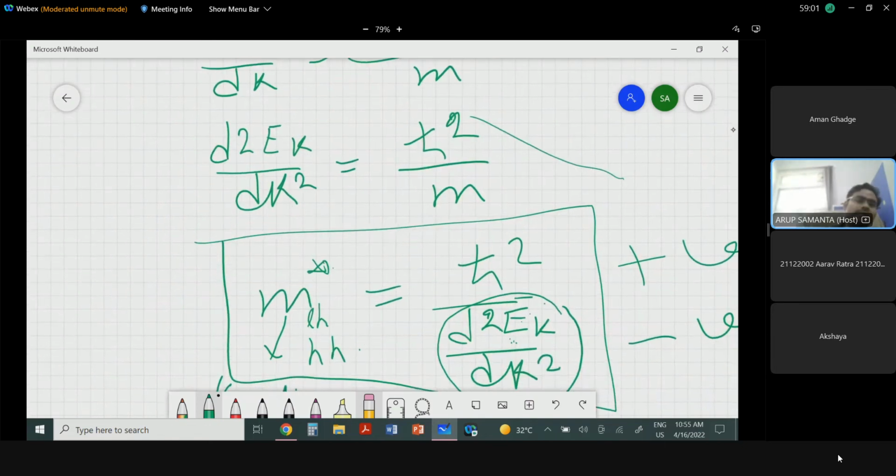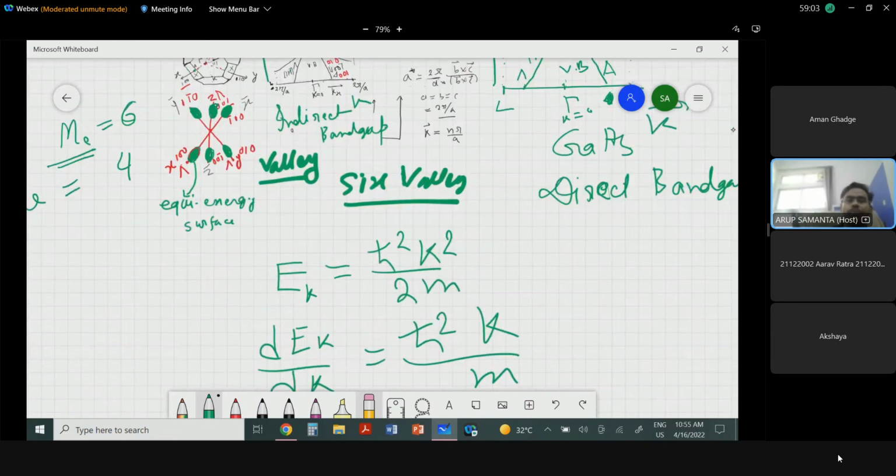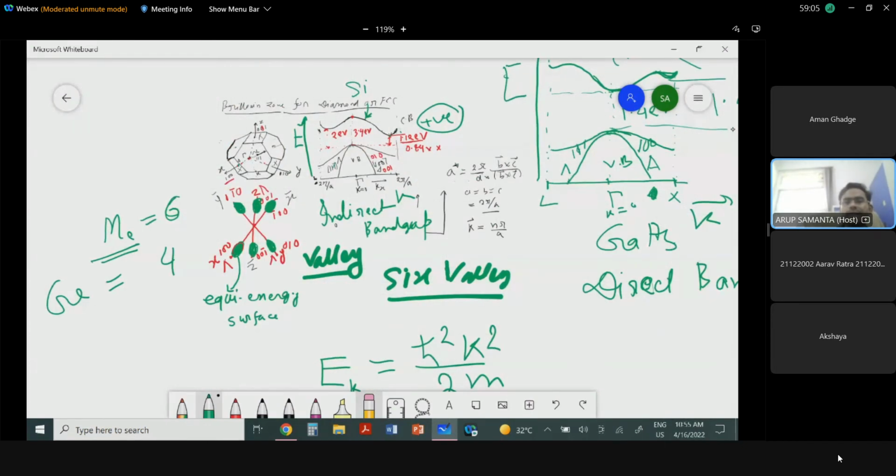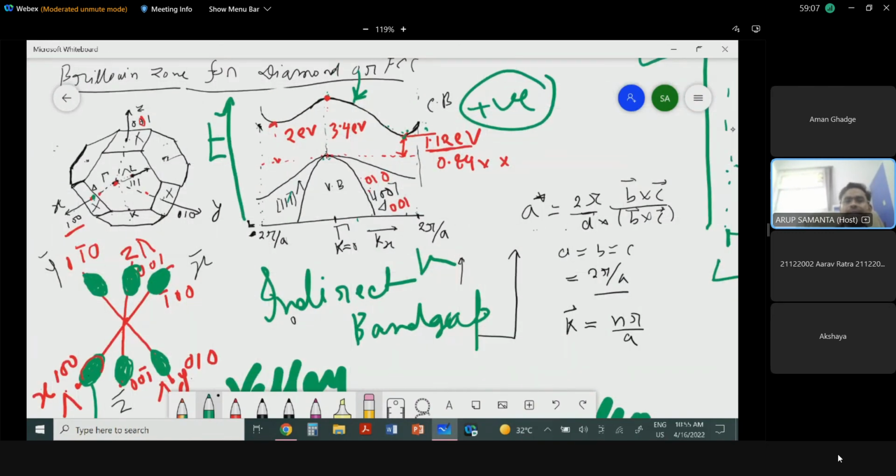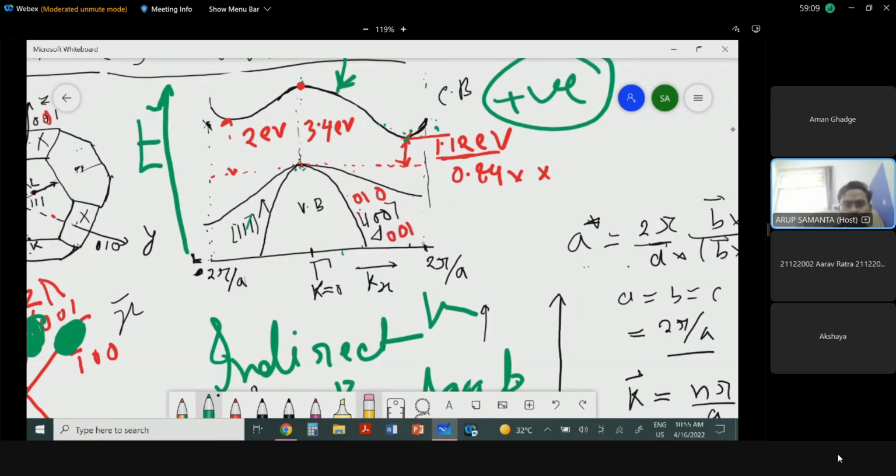So it is inversely proportional to the slope. Can you say which one is the slope for the light hole and which one is for the heavy hole? You have the two slopes of these two bands. Can you predict from here?